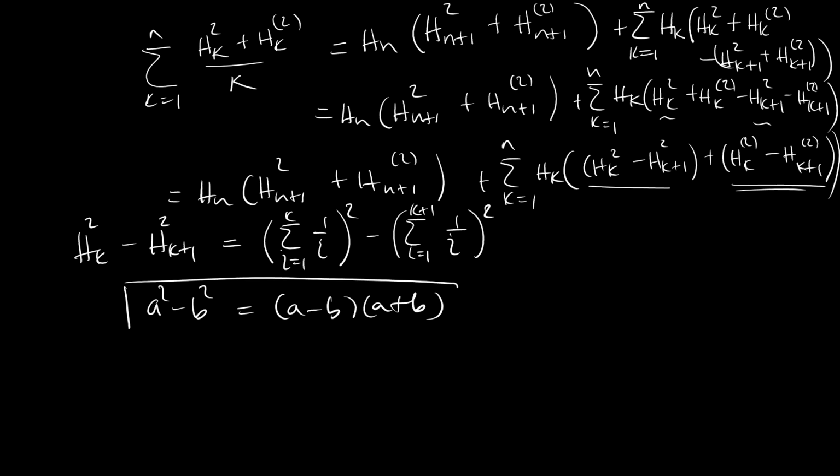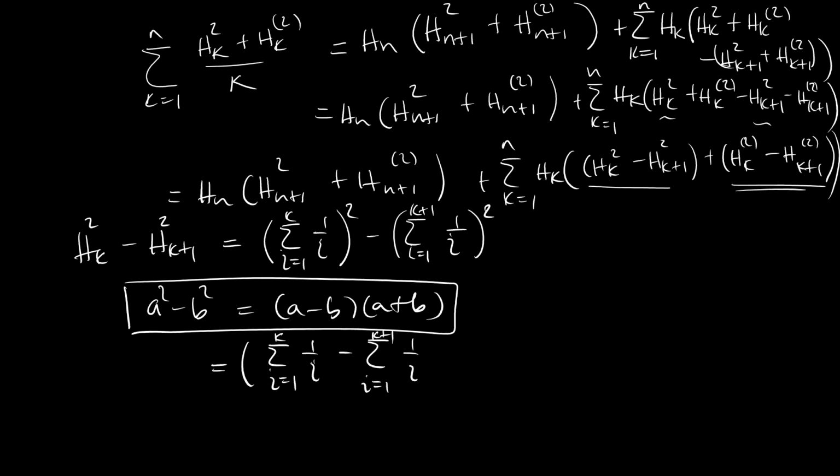Using this, we can say that this is the same as the difference of the two sums times the sum from i equals 1 to k of 1 over i plus the sum to k plus 1 of 1 over i.